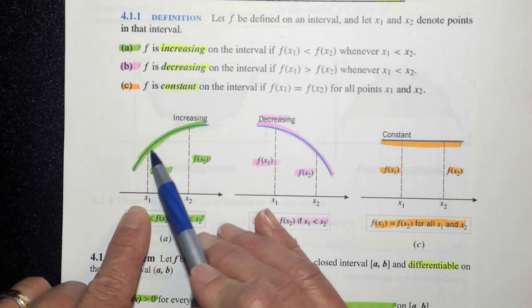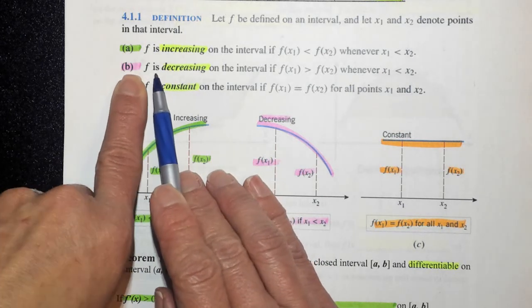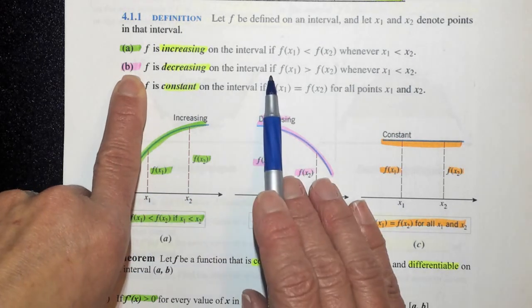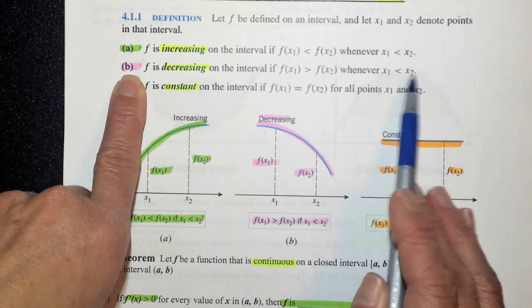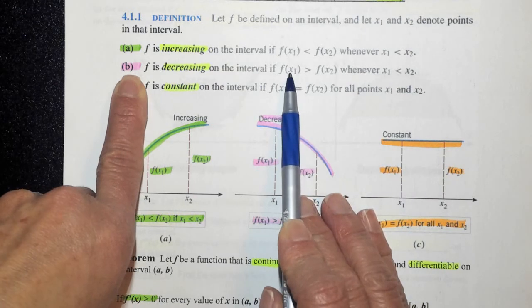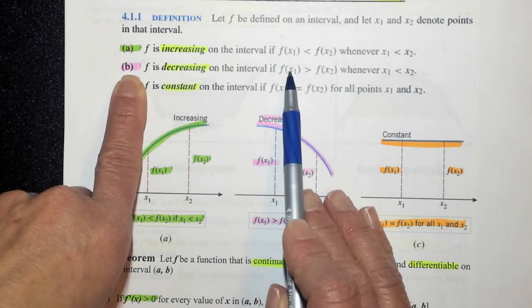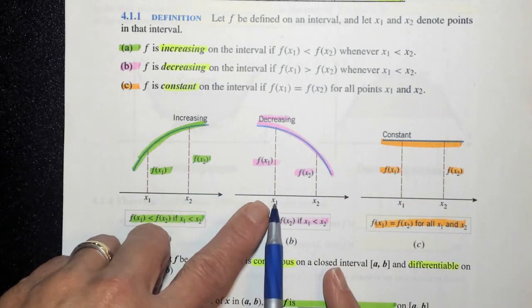Increasing, okay? Then in B, your function is said to be decreasing on the interval if your x sub 1 is less than x sub 2, however, the y value that corresponds to x sub 1 is greater than the y value that corresponds to x sub 2. So if you take a look here, here's my interval.